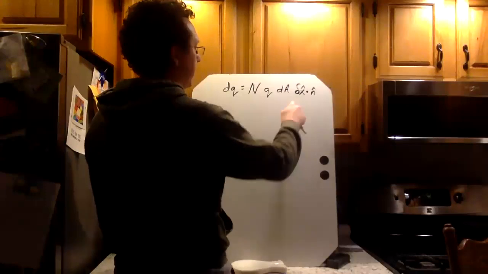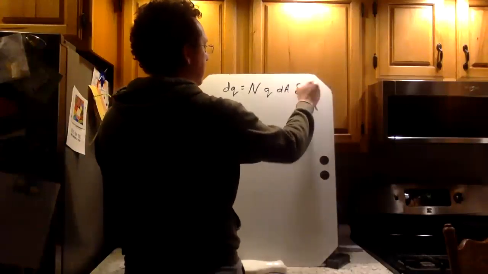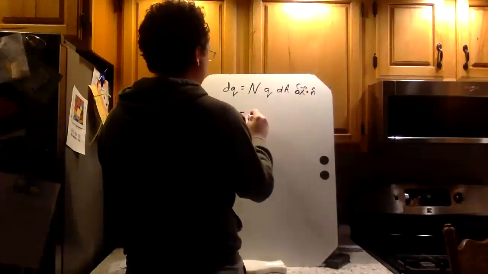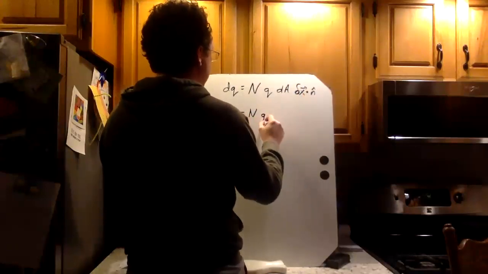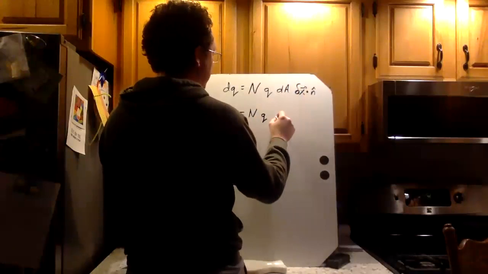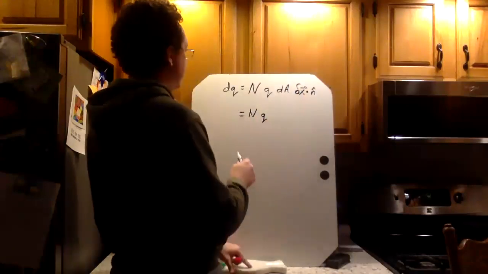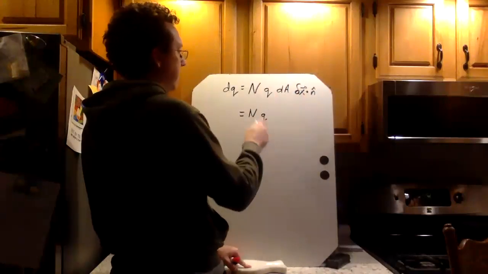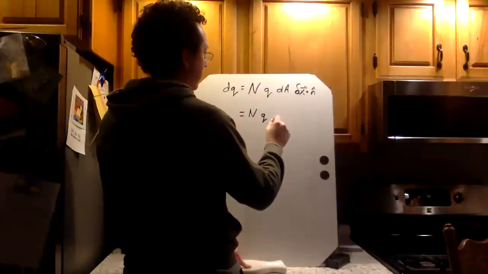Or using the fact that delta x is related to the velocity, I can write this as NQ. It's an unfortunate symbol. This is the charge flowing through it. This is the charge on one charge carrier.